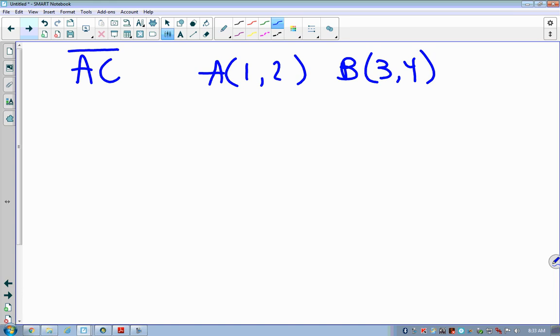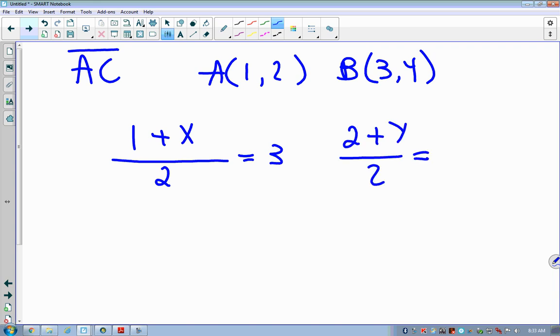Okay? If I want to find C, what I'm going to have to write is 1 plus x divided by 2 equals 3, because my midpoint formula equals the coordinates of my midpoint. Okay? So over here I'd get 2 plus y divided by 2 equals 4.